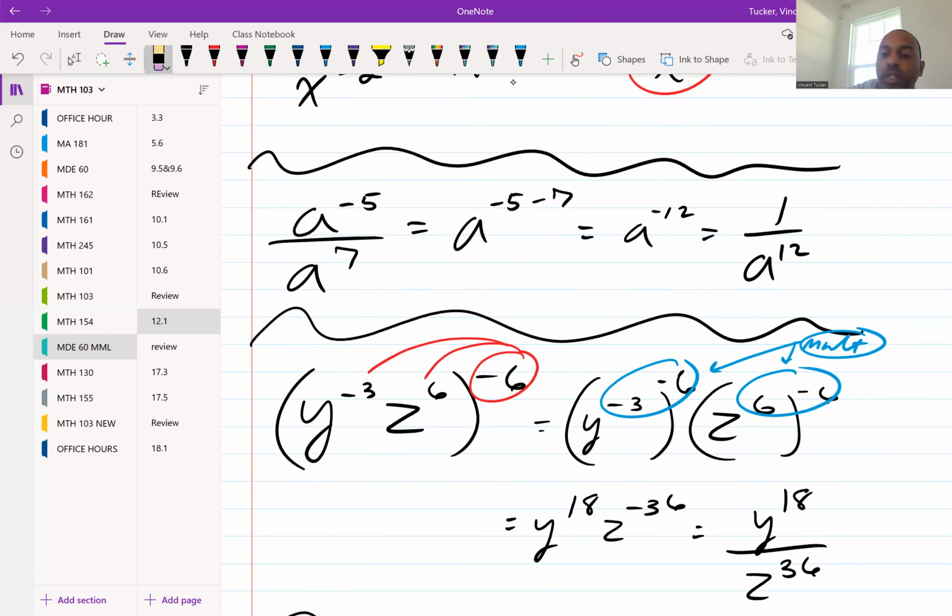All right, so next one. We have y to the negative third power, z to the 6, raised to the negative 6 power.